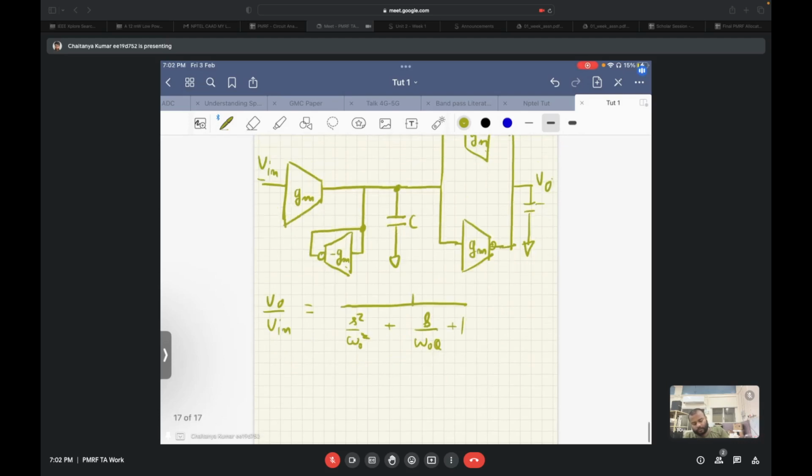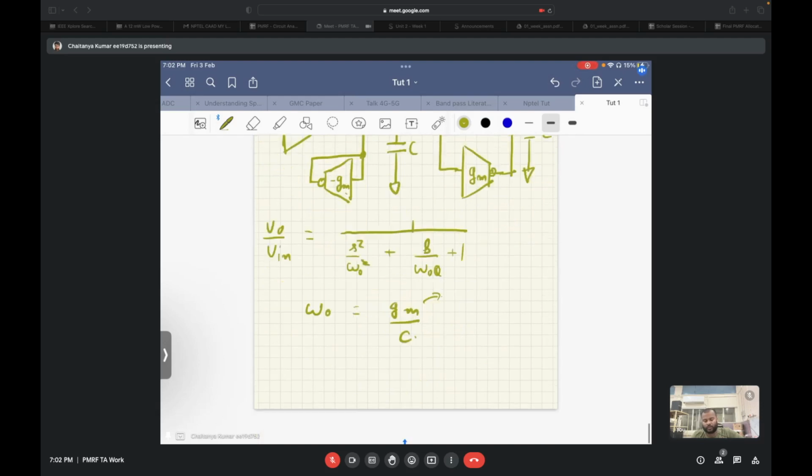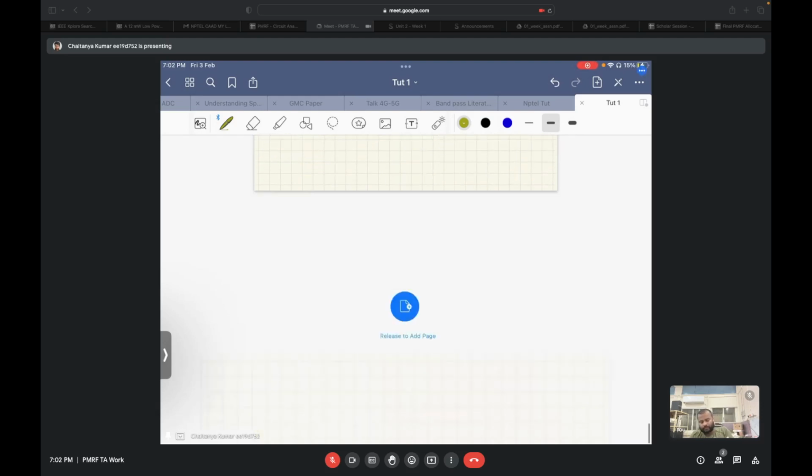And in this case, omega naught is equal to Gm by C. So previously it was 1 upon RC, and in case of a transimpedance, it's Gm by C. And it makes sense dimensionally also, as Gm is basically the inverse of resistance. So dimensionally also this formula is correct.